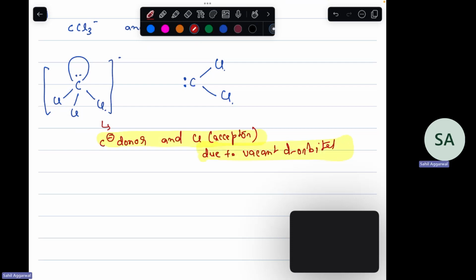And in case of carbene, C has a vacant orbital, so it is sp2 hybridized.